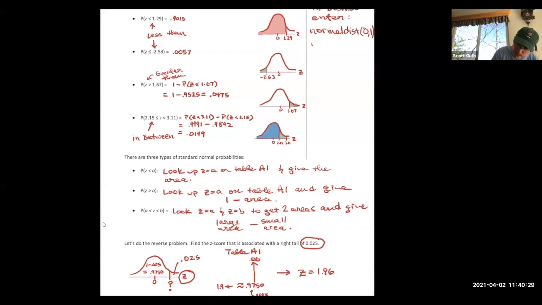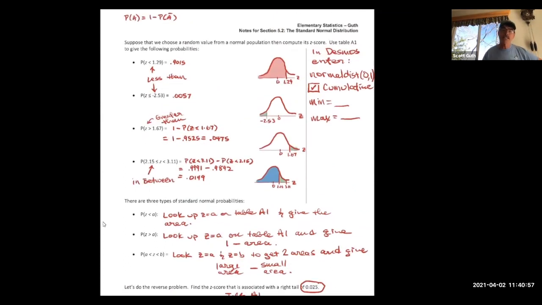You have to click the checkbox that says cumulative probabilities, which are the areas underneath. Okay. And then the min equals blank. The max equals blank. You can fill those in. You can leave the min blank if there isn't a min. You can leave the max blank if there isn't a max.